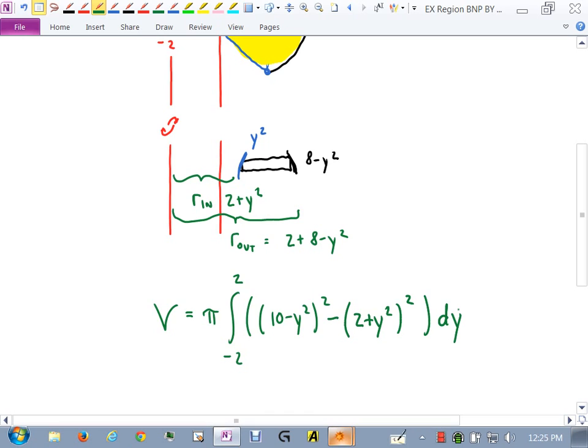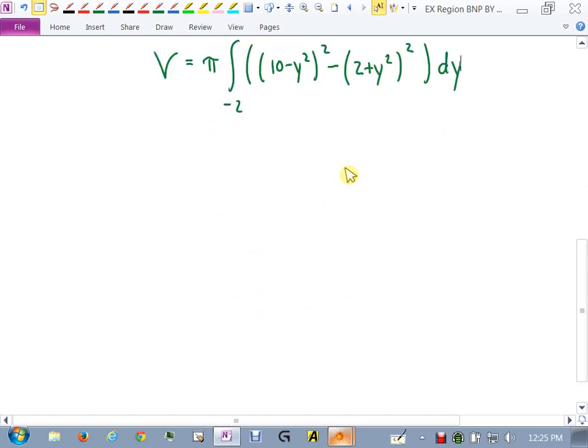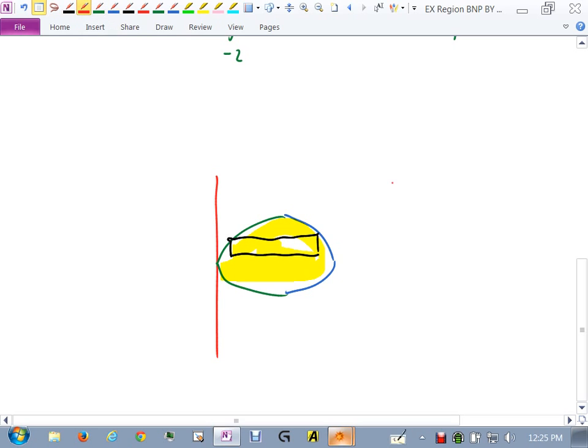Like where x equals negative 2, if that was x equals positive 2, and the rectangle was on the opposite side, would that mean 2 minus? Okay, so you're saying if this was our region, our rectangle's in here, but our axis of rotation was over here. Is that what you're saying?